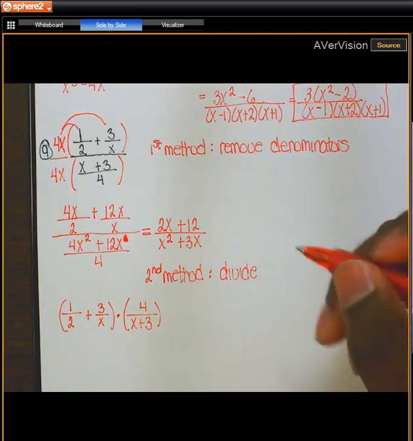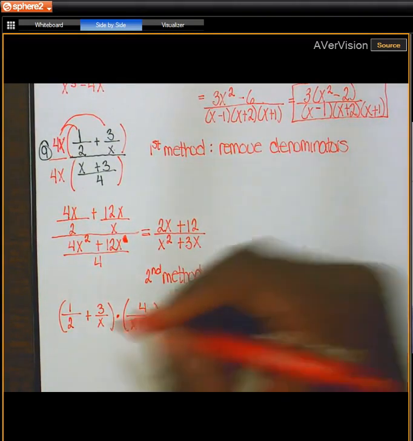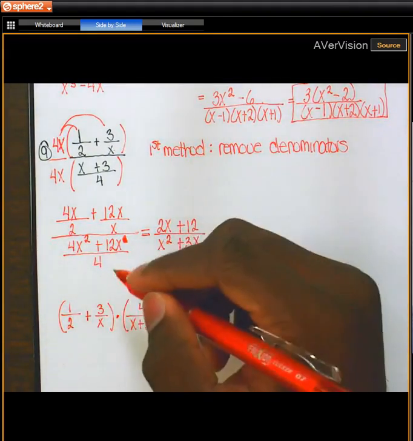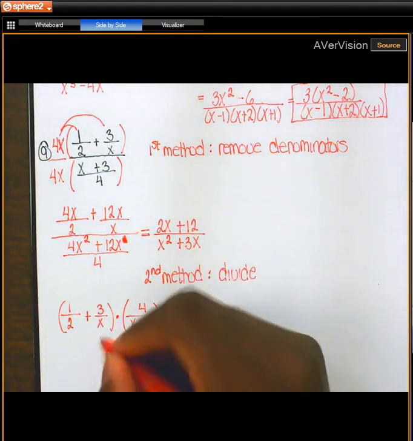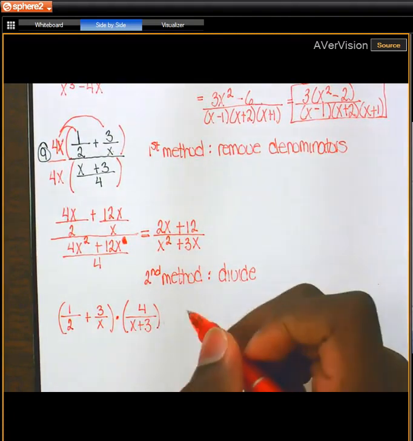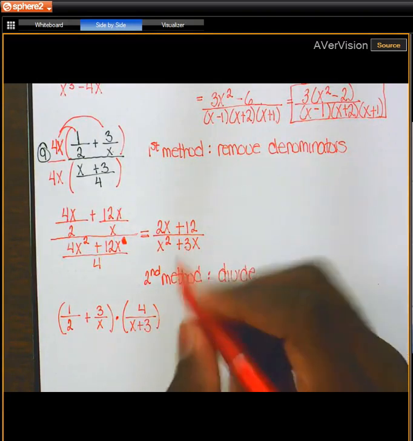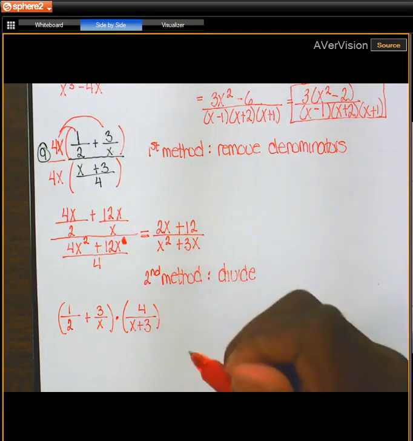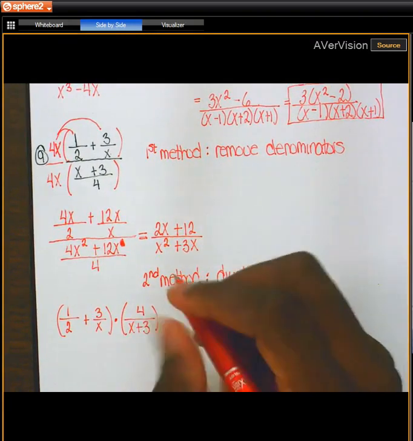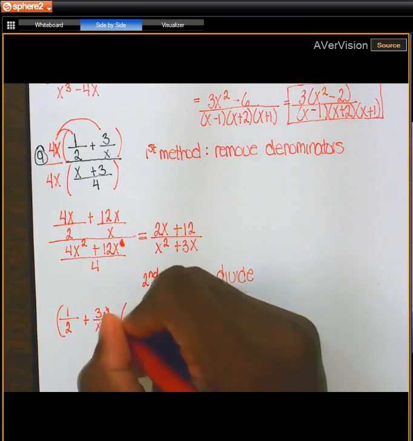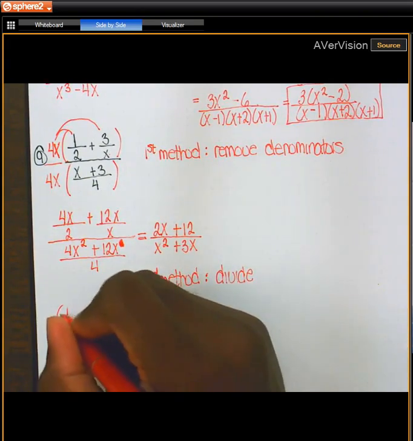All right. And now before we can multiply these two, we have to get one big fraction in here. How can we do that? Yeah, we have to get the same denominator. How? Yeah. So we have to multiply this side by 2 and this side by x.